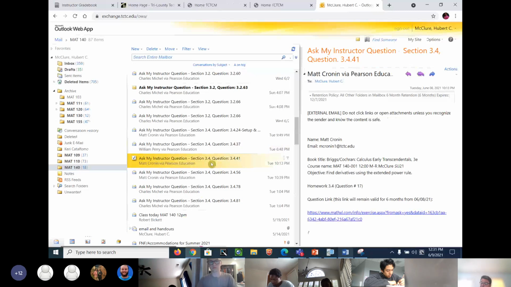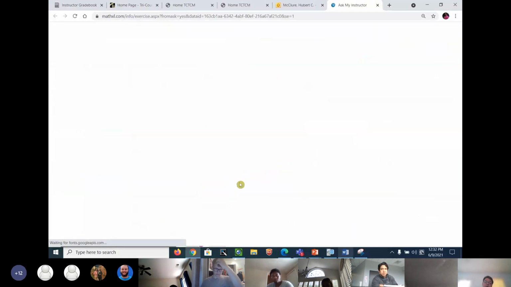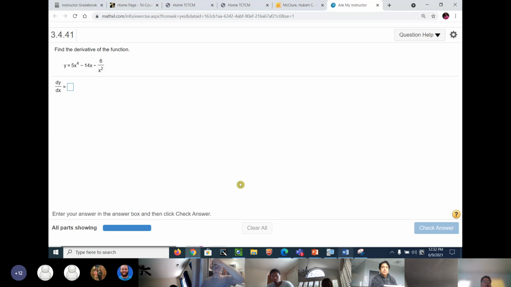3.4, 41 in the book, and number 17 online. Find the derivative of the following function. y is equal to 5x to the fourth minus 14x minus 6x to the negative 2.